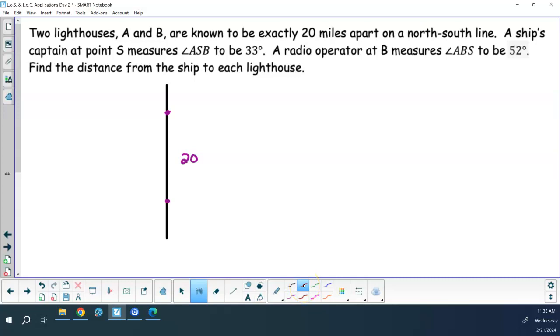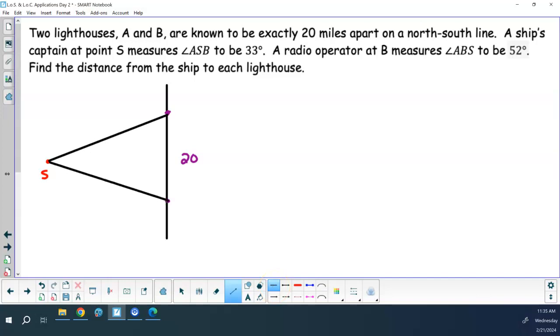So if I put point S out here, then angle ASB would be 33 degrees.